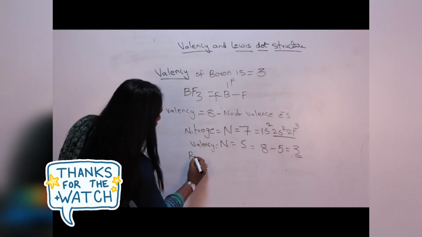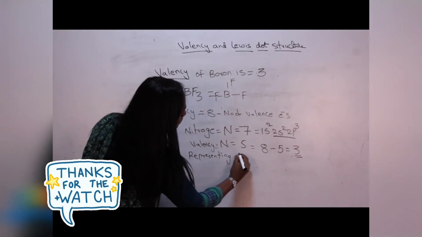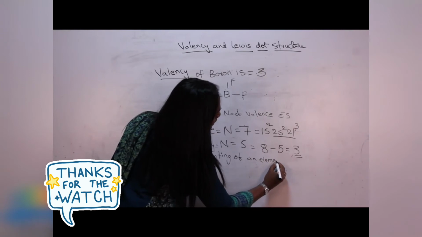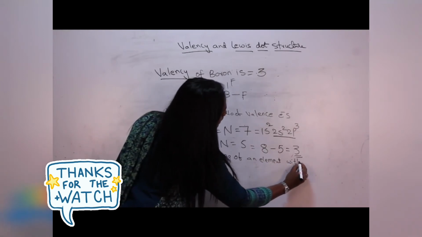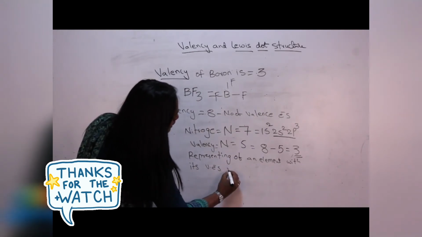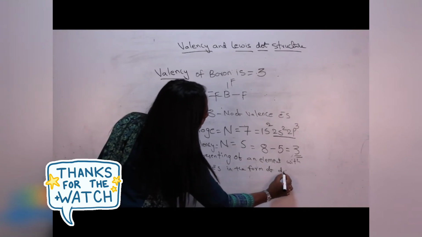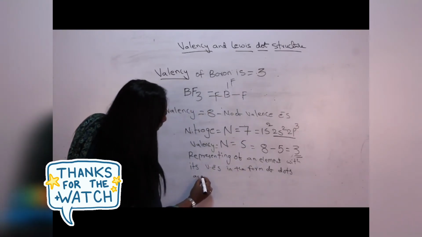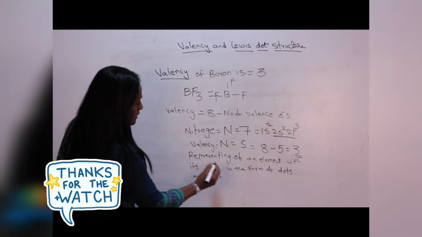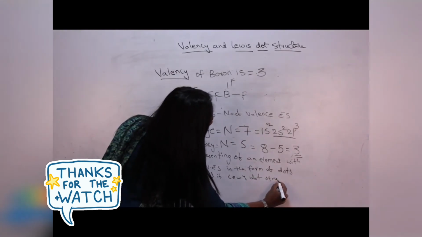Here, representing an element with its valence electrons in the form of dots around it is called Lewis dot structure.